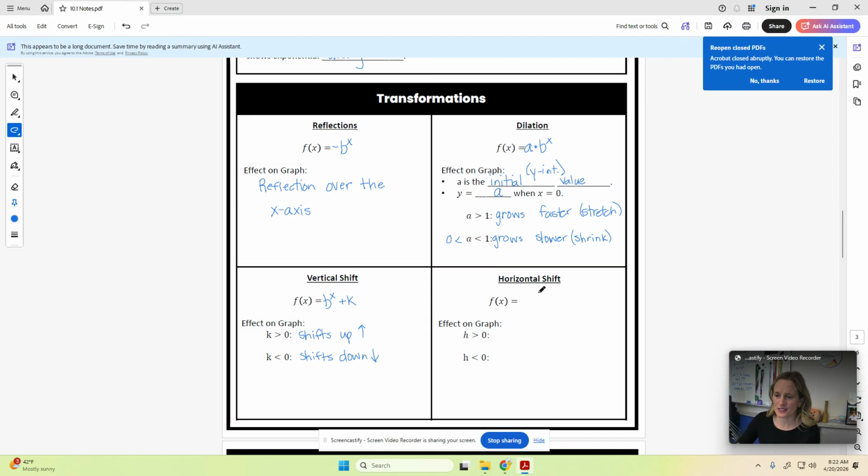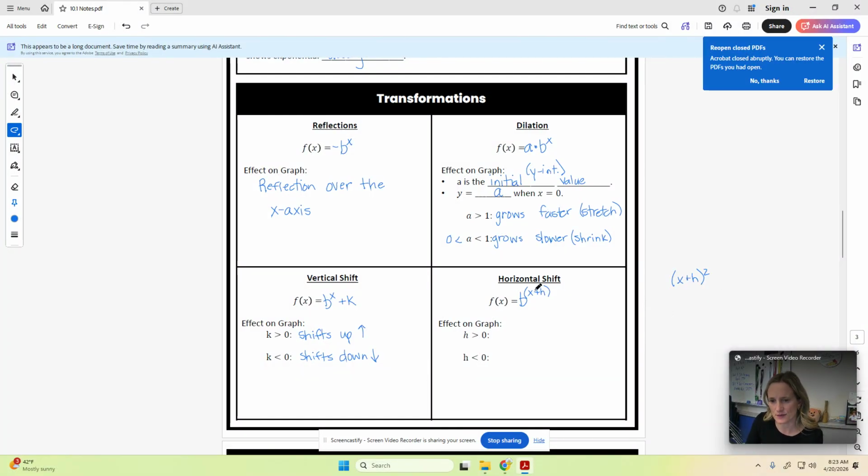A horizontal shift. So just like with parabolas, we had the horizontal shift and it was in the opposite direction of what you would expect, and that's when you had a value added or subtracted to the variable in the parentheses. Similar concept here, except our variable is in the exponent, and so it's when we have something added up in the exponent. When we were talking about quadratics, it was when we had something in the parentheses with the variable.